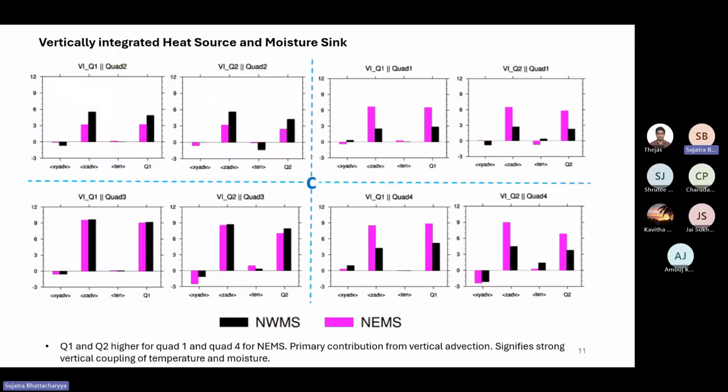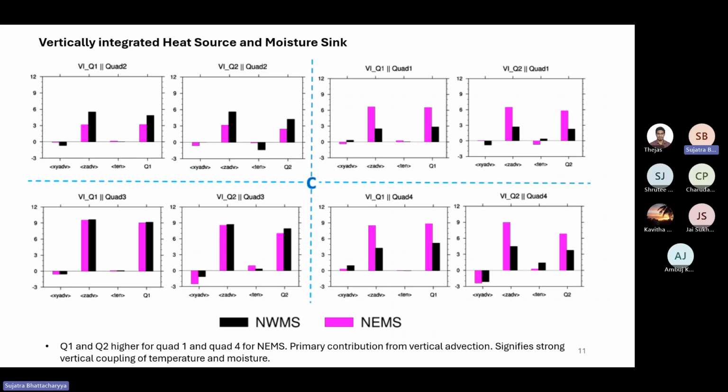So we looked into vertically integrated heat source and moisture sink terms. So heat source and moisture sinks are basically the residual terms of the thermodynamic and moisture equations. And what we did is that we divided our depression into 4 different quadrants, C being the center of the depression. And we will focus on the first and the fourth quadrants for now. We see that the northeast moving cases have higher values of Q1 and Q2 as compared to the other quadrants.